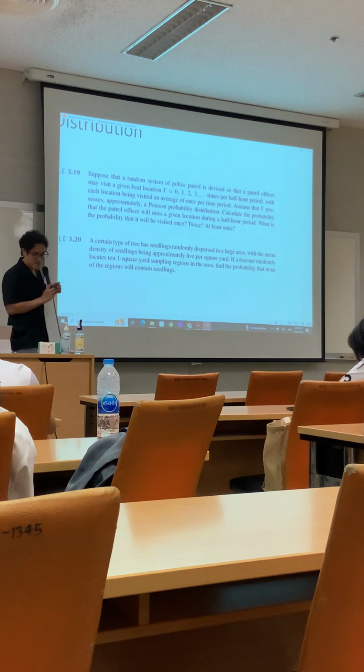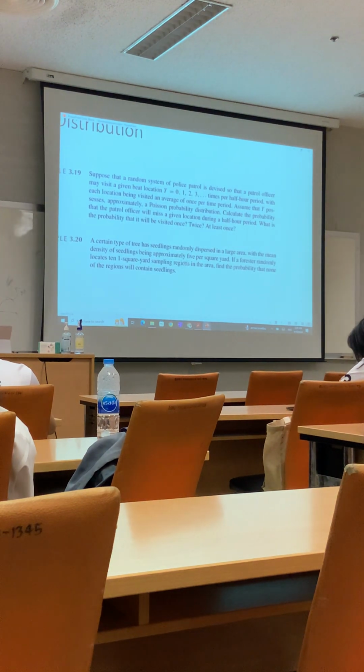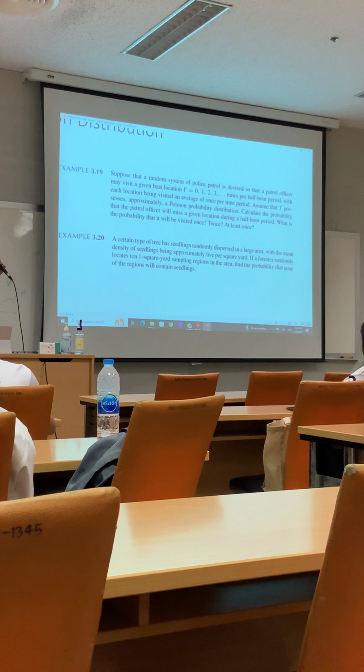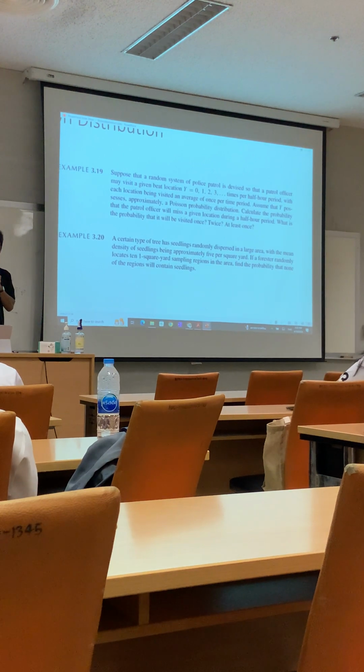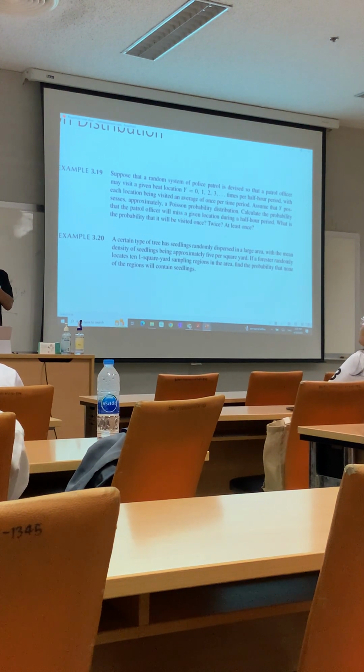So the first one, this is from the textbook, example 3.19, right? Suppose a random system of police patrol is devised so that a patrol officer may visit a given beat location y equal to 0, 1, 2, 3 times.